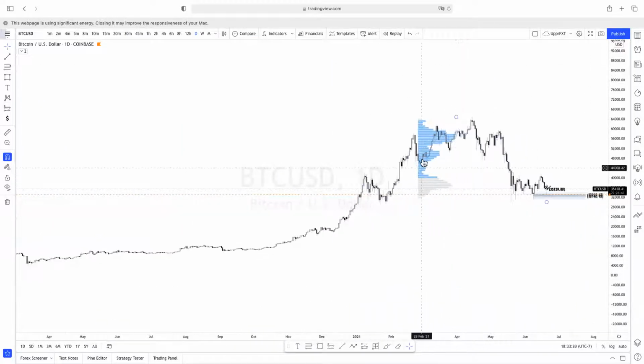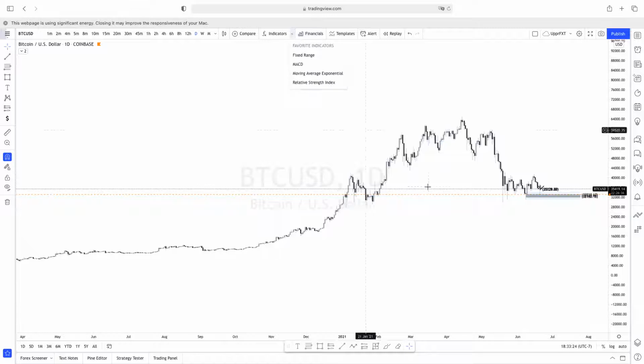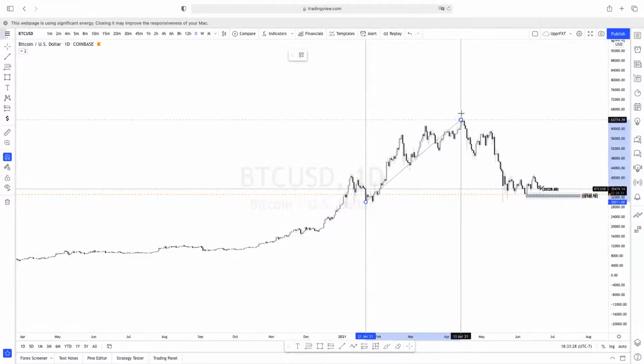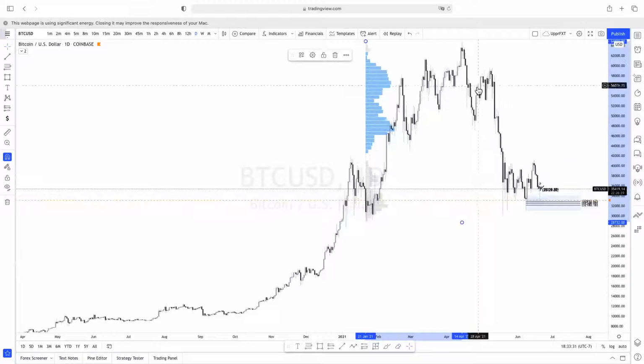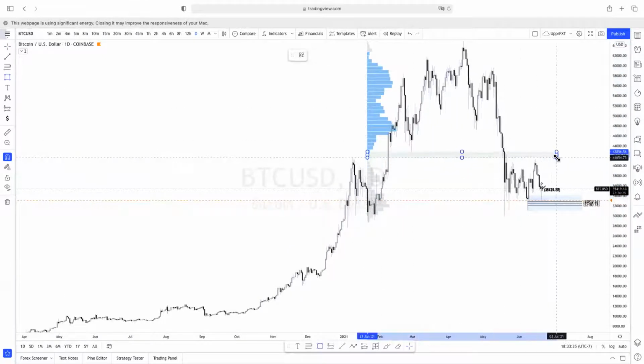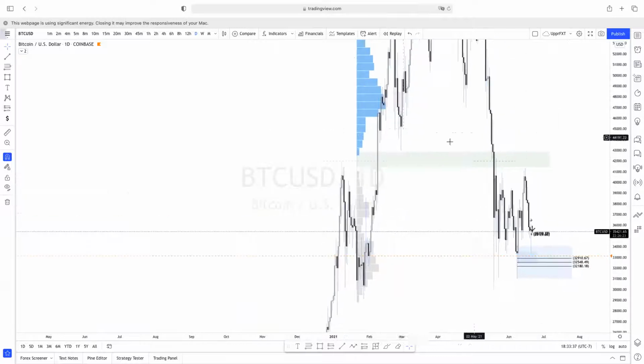And for instance, if you want to take this up impulse, what is this right here? A low volume area, also lined up with an imbalance beautifully.